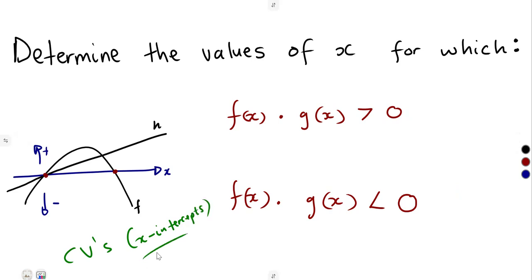Just like that. So knowing that your critical values are the x-intercepts, you can tell from there which part of the graph is positive. Anything above the x-axis is positive, anything below is negative. So this is the condition that you simply need: x-intercepts.